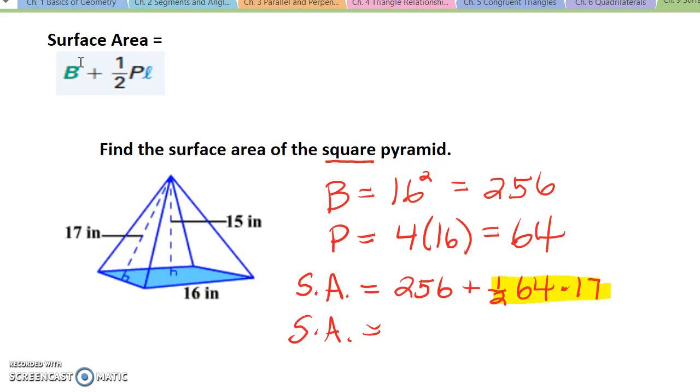It's quicker, times 64, because 0.5 is equal to 1/2, times 17. And so the surface area of this figure is 800 inches squared. It's still area. We're still squaring our unit of measure because we're multiplying 2 different dimensions.